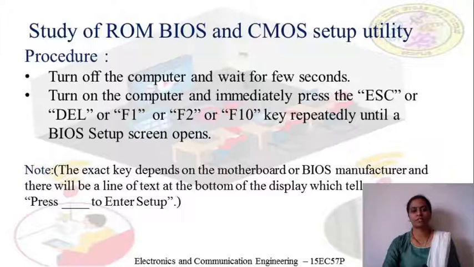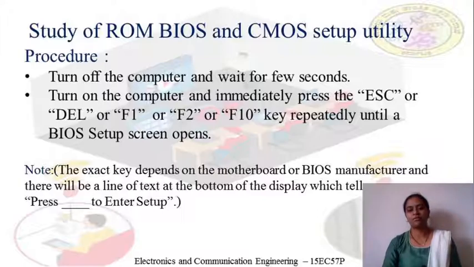Initially, if your system is turned on, turn it off and wait for a few seconds. Then turn on the computer and immediately you have to press one of the following keys repeatedly. You can press escape, or delete, or F1, F2, F10, or in your monitor, if you have observed in the right corner, there will be a message displayed: Press F2 to enter the setup.